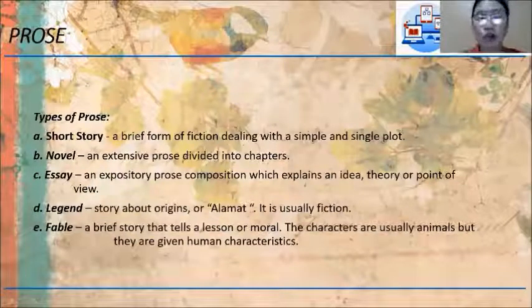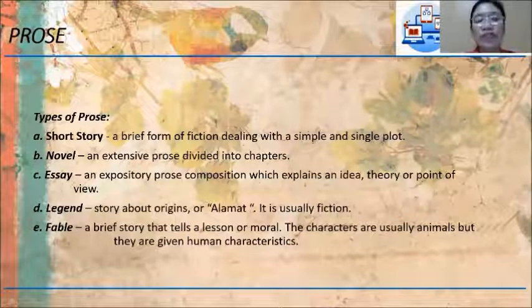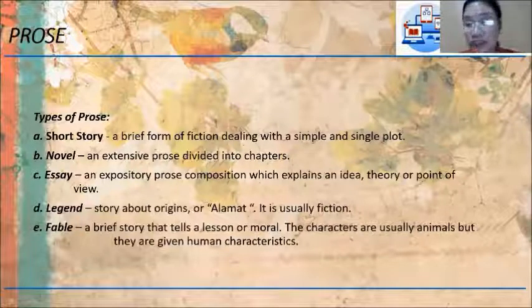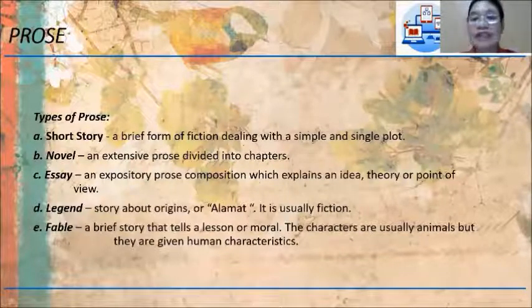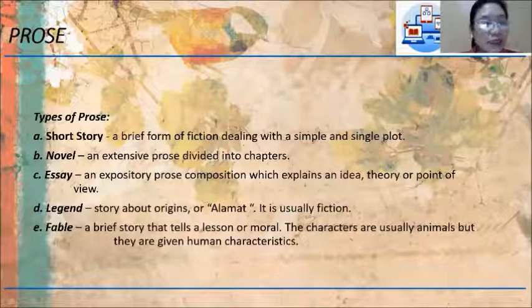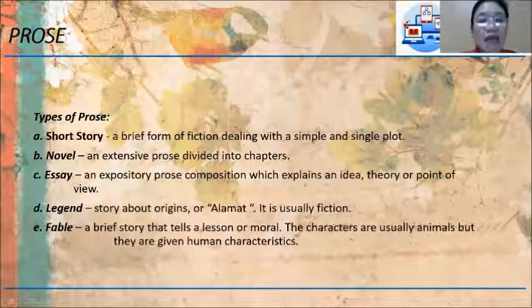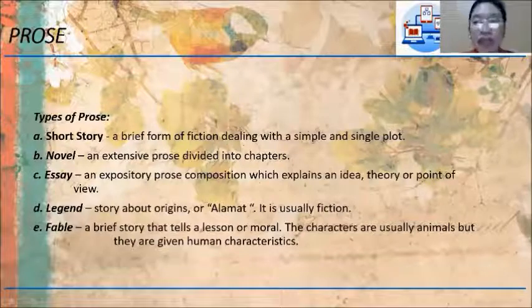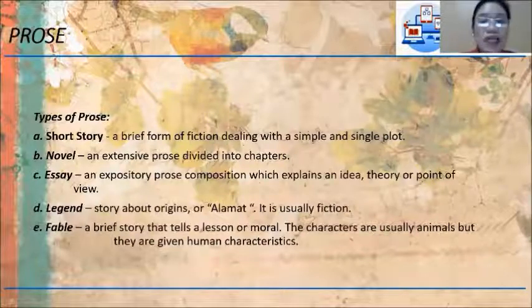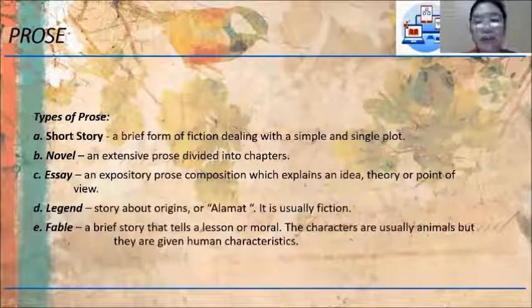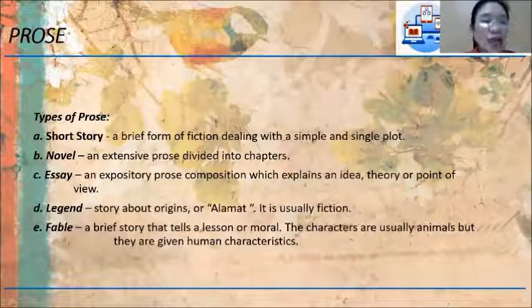So we have short story. A short story is a brief form of fiction dealing with a simple and single plot that makes it short. Examples of a short story, or maikling kwento in Tagalog, are Ang Lumang Tren sa Purok Mahinahon, Si Julio at ang Sapatero sa Kanto, Ang Bahay na Marmol sa Gitna ng Gubat.